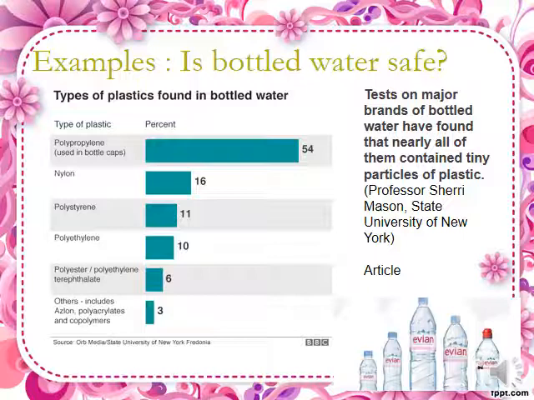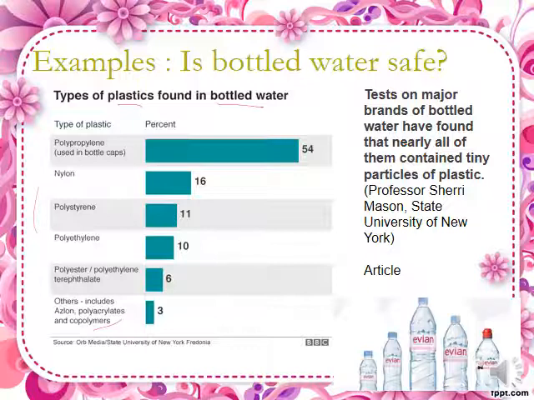These are the different types of plastic used to make plastic bottles. Tests have been conducted on the major brands of bottled water, and have found that nearly all of them contain tiny particles of plastic. And these are the percentages.